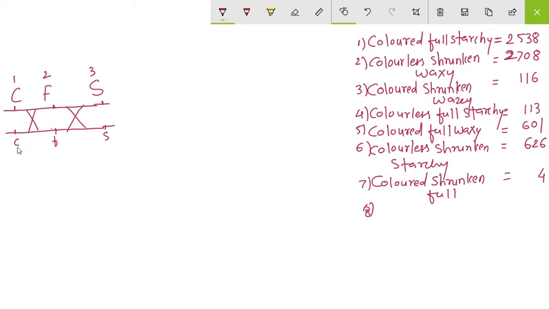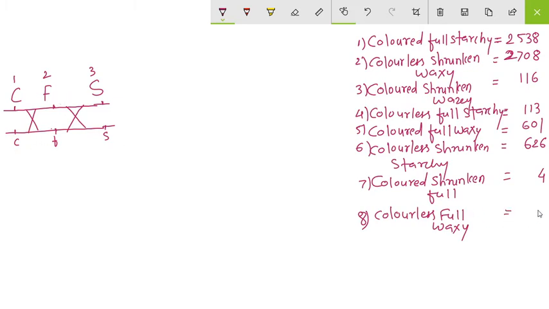Okay. And now this small c, capital F and small s. So colorless, full and waxy.